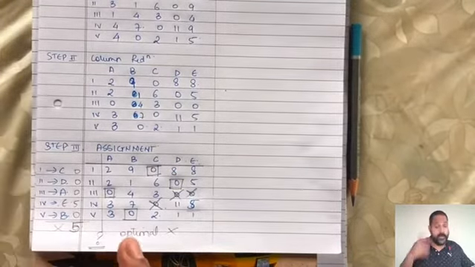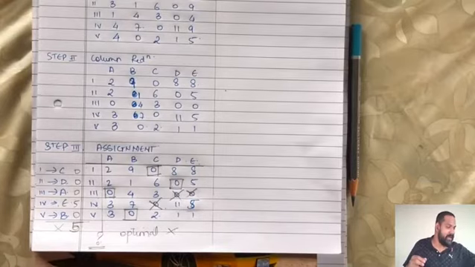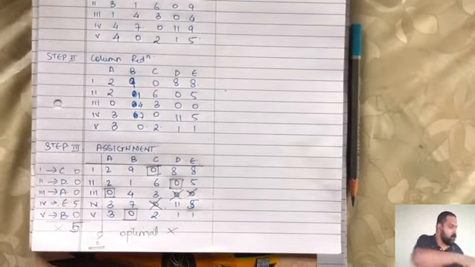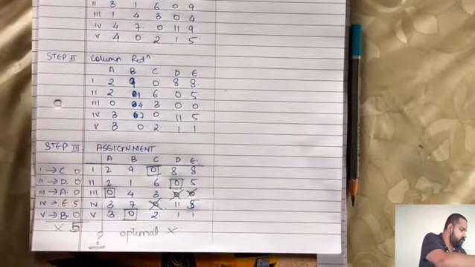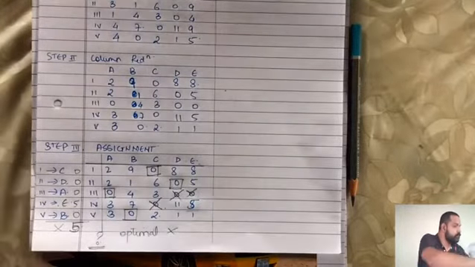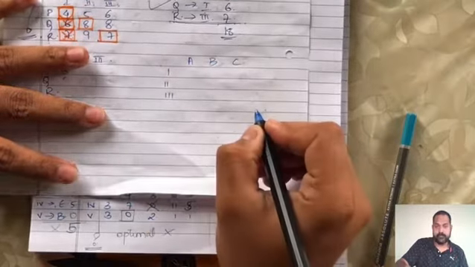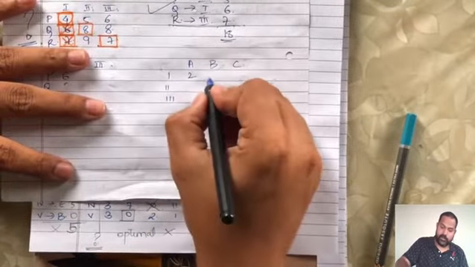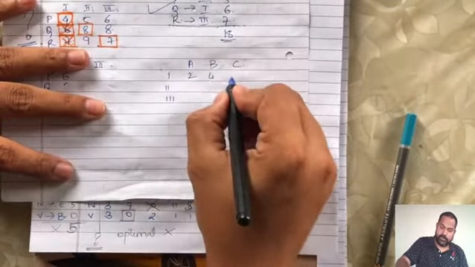But just for the heck of it right now, let me give you an example. So suppose there is a matrix with columns A, B, C and rows 1, 2, 3. Suppose there is a 2 here, there is a 4 here, 0, 5, 6, 0, 0, 0, 0.